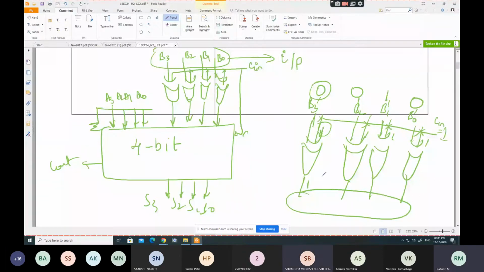Think one more time and answer. Yes, it's 1. Confirmed? Very good. 1 XOR 0 is 1. 1 XOR 1 is 0. 0 XOR 1 is 1.